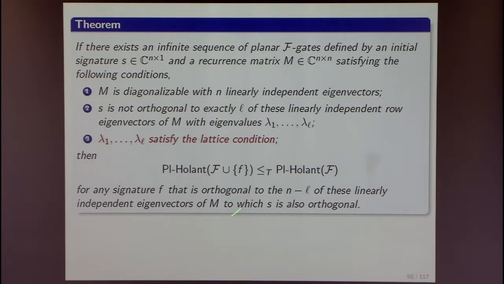And now there's a theorem which I don't want to read in full for you, but I just want you to focus on this: when you have these iterative matrices, the powers of which I described to you in the 5x5 case in particular, if the eigenvalues satisfy certain lattice conditions, the one that I described, then I have a reduction. Okay, so the theorem basically says I want these eigenvalues to be sufficiently independent, in the sense that the logarithms of which are rationally independent.